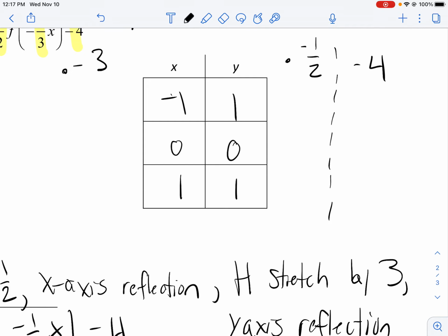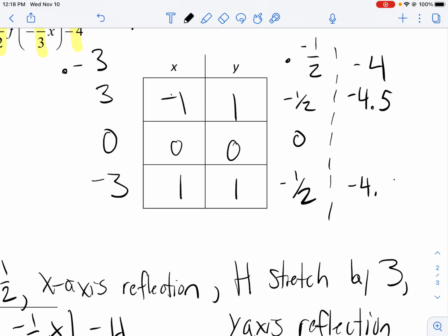Negative 3 times negative 1, 0, negative 3. Negative 1/2, 0, negative 1/2, subtract 4. I'm going to write this as a decimal. So if you do negative 1/2 minus 4, that's negative 4.5. Okay, likewise, negative 4.5 down there, and negative 4.